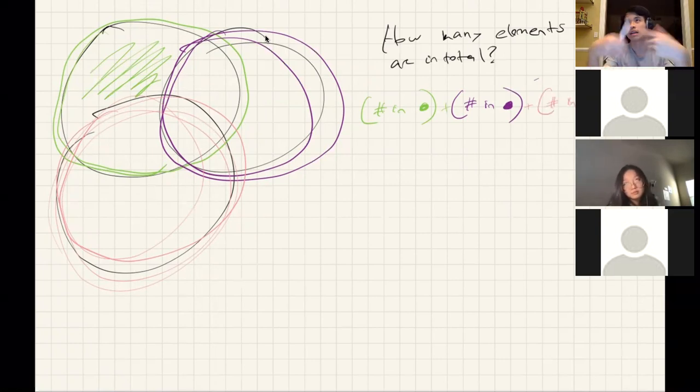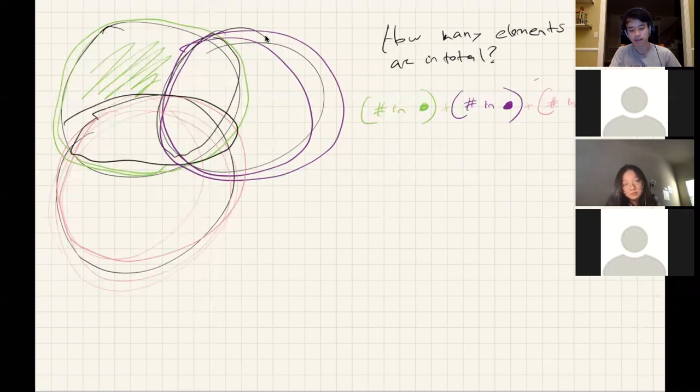Then you have to subtract a bunch of things, because in the intersections we've overcounted a bunch of things.